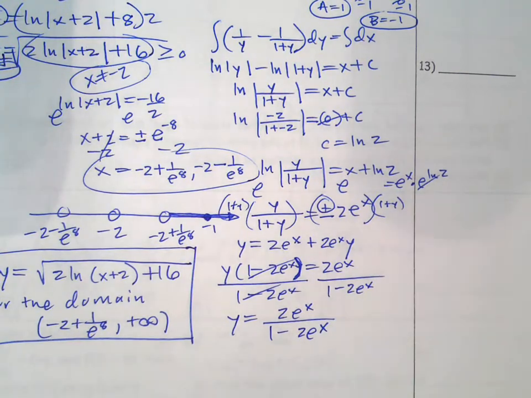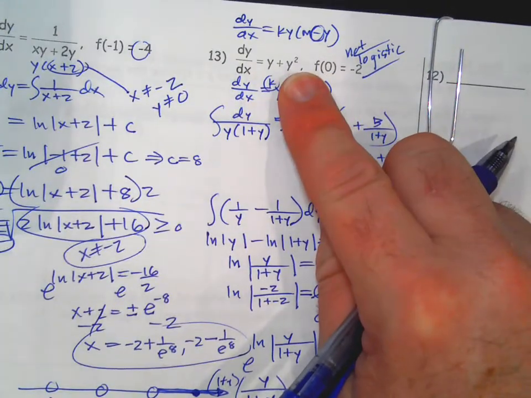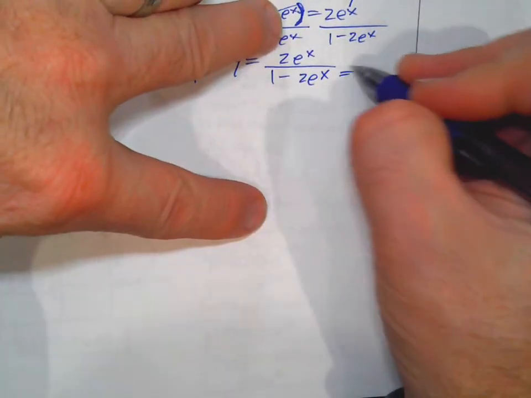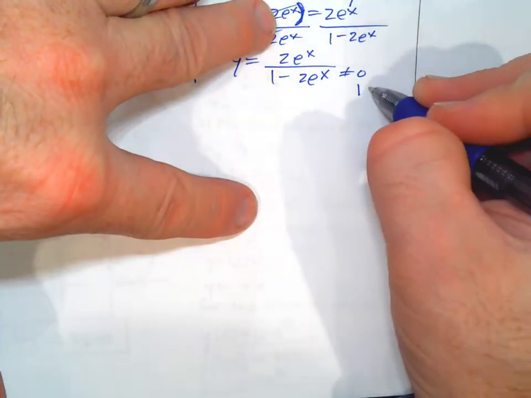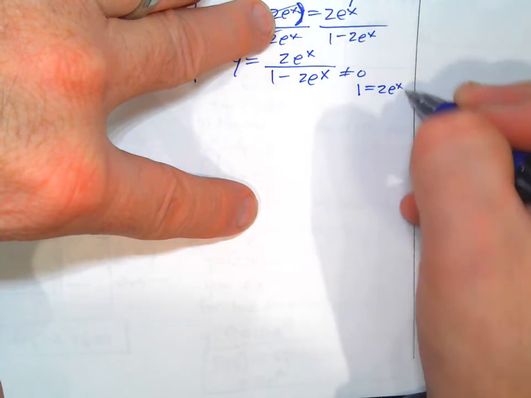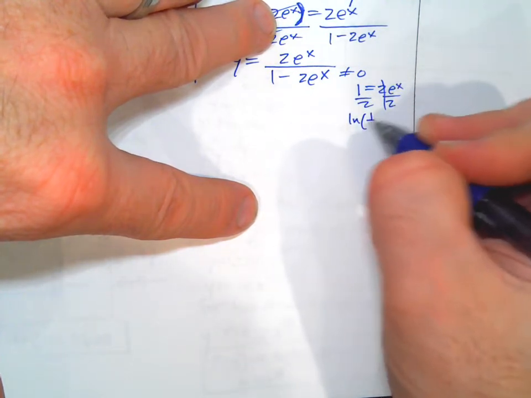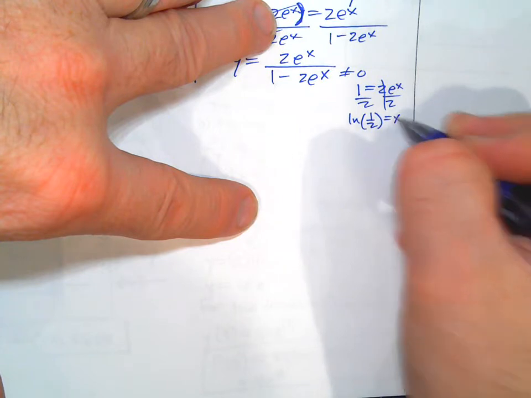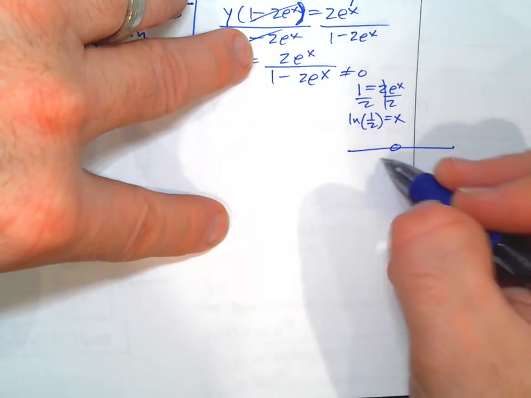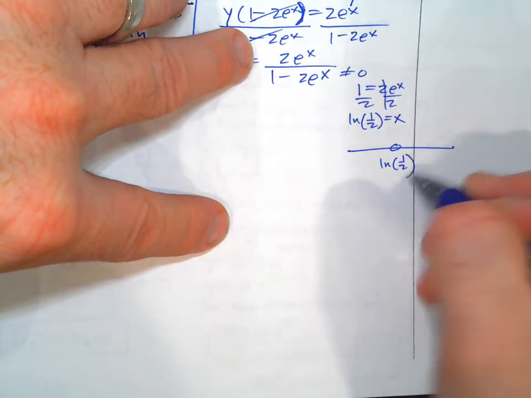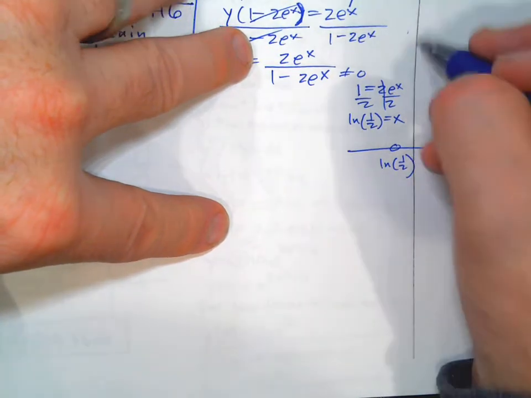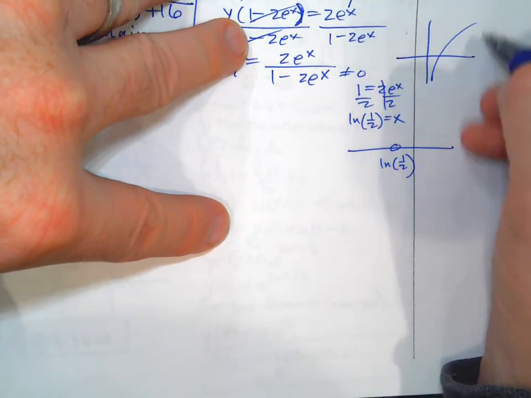Now we got to look at domain. There's no domain in the original derivative. But here, this can't equal 0. So let's set it equal to 0 and solve. So you can natural log both sides. So on the number line, natural log of 1/2. Is natural log of 1/2 positive or negative?